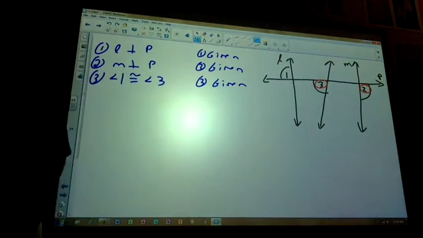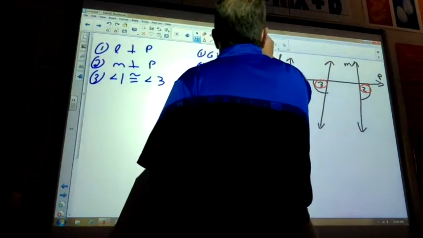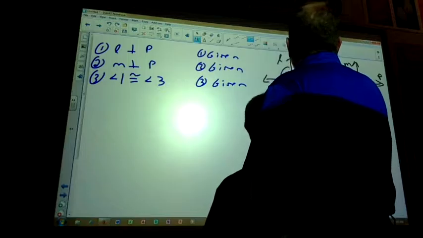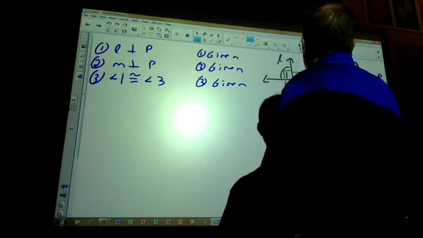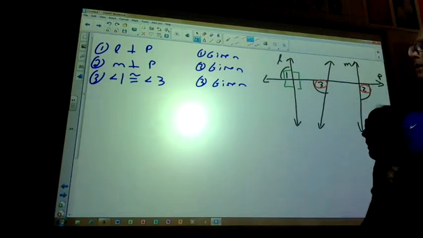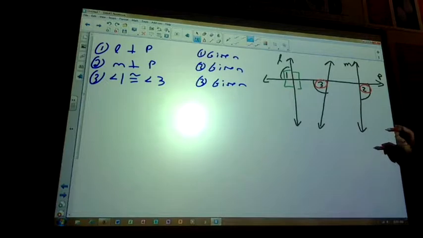Cool? Alright. So L is perpendicular to P. So that means automatically you have 90s right there. Is that okay? And M is perpendicular to P as well. So I'm just drawing in on this.